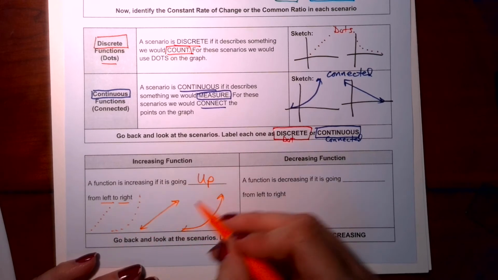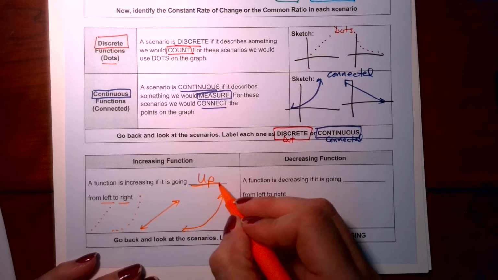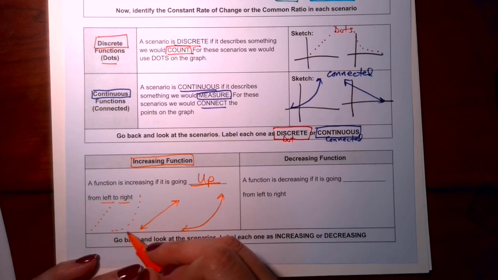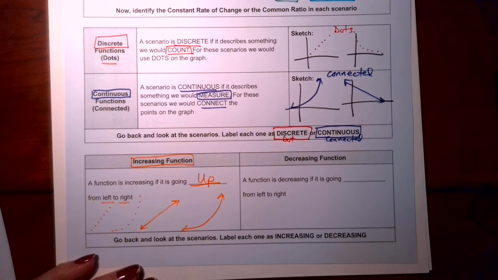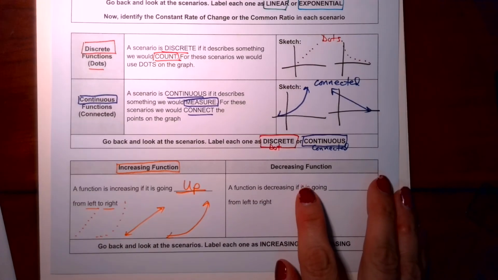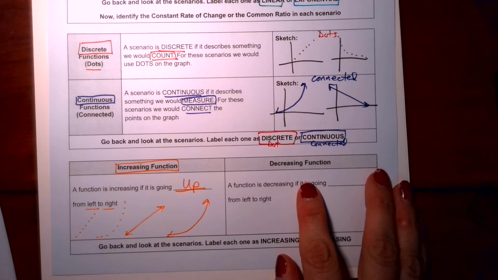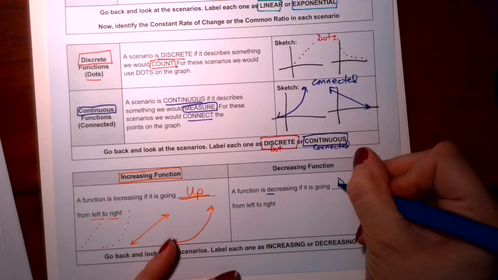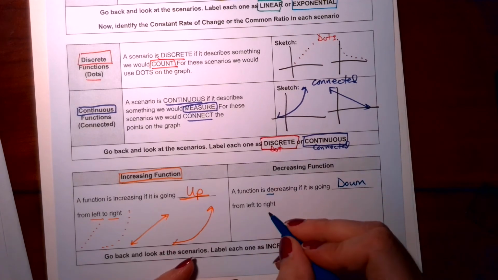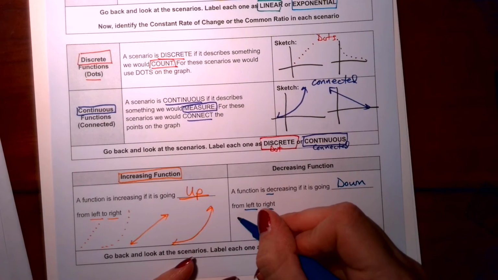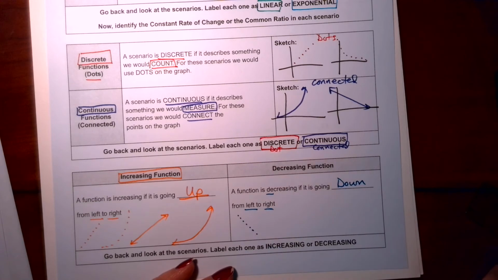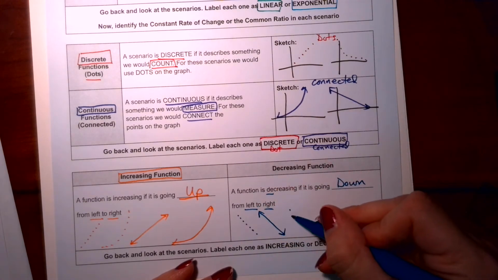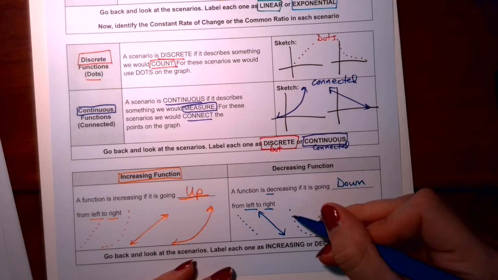But the important thing is that it's going up. It's increasing from left to right. What about a decreasing function? A decreasing function is going down from left to right. So maybe it's going down, down, down with dots. Maybe it's connected but going down. Maybe it's exponentially going down.